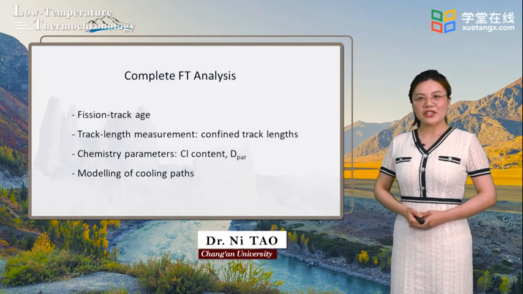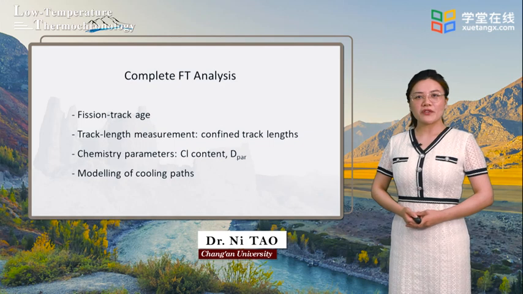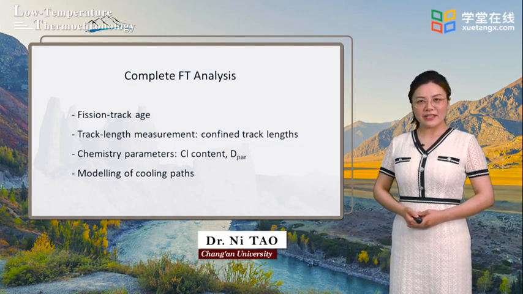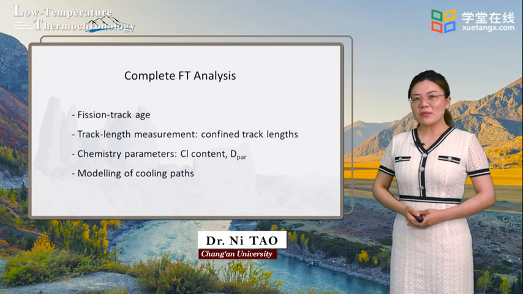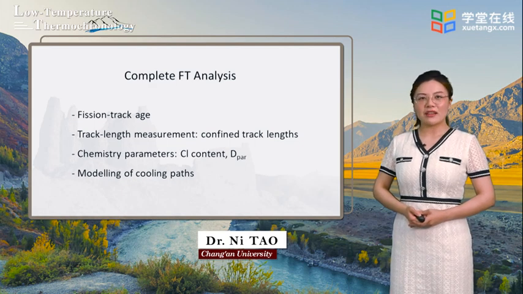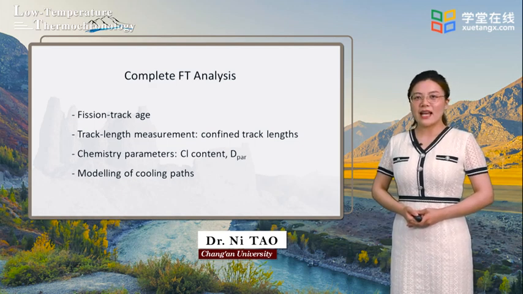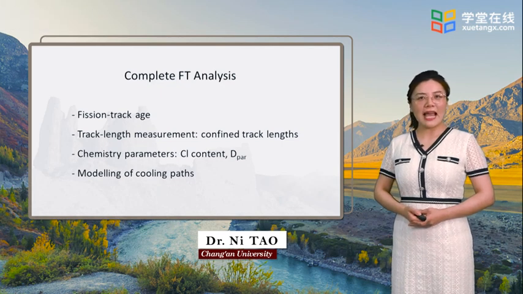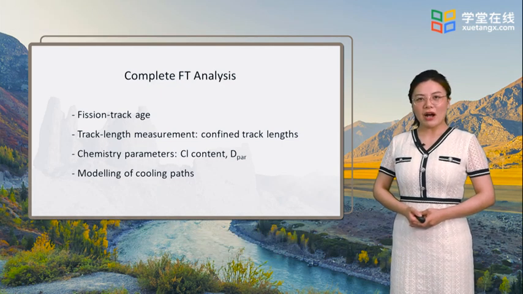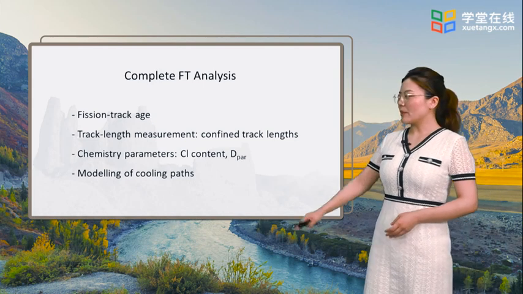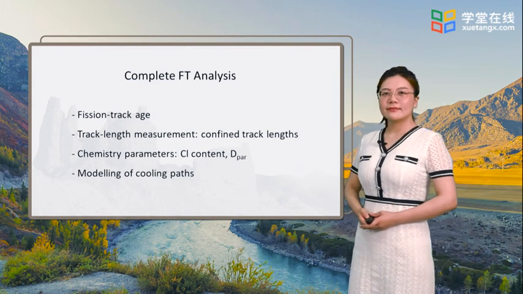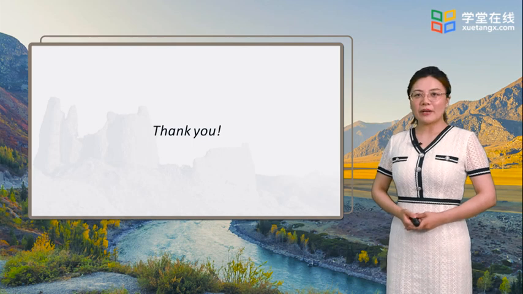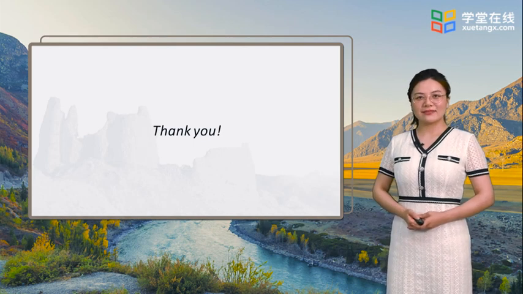The complete fission track analysis should therefore include, first, fission track age, second, track length measurement, which means confined track length measurement, and chemistry parameters, normally the chlorine content and Dpar, and if possible, modeling of the cooling path. Thank you very much, and the above is all for this section.